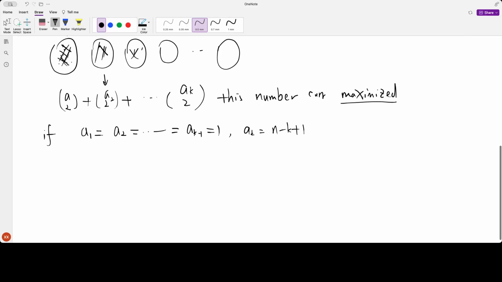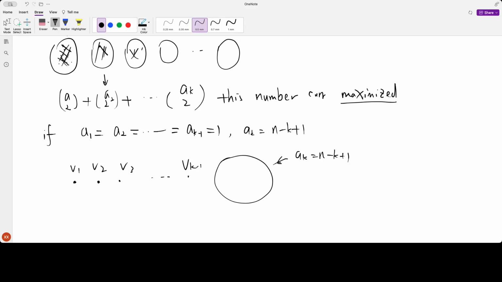So it means that the graph will look like we have one vertex here, no edge, another vertex here, called V1, V2, V3 until Vk minus 1. And the remaining vertices, there are Ak equals n minus k plus 1 vertices, and here is a complete graph.